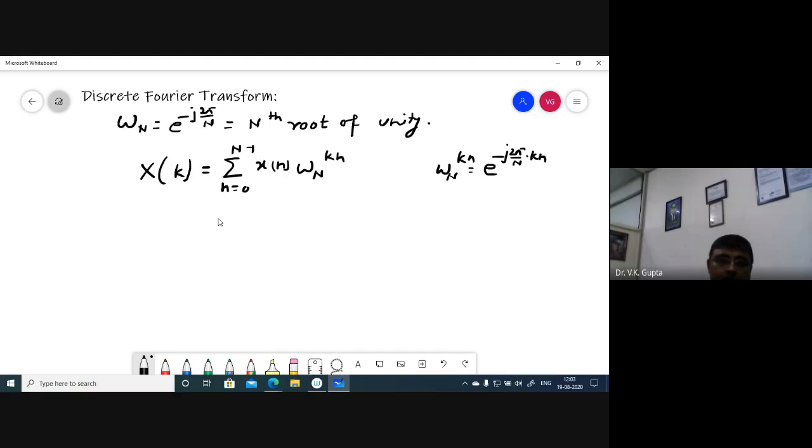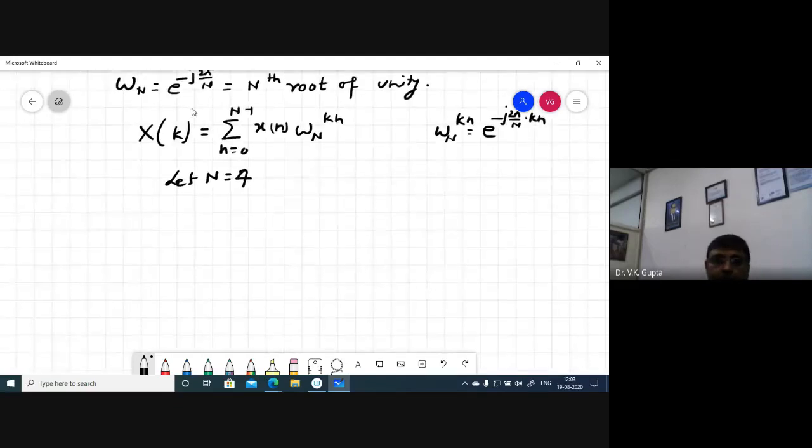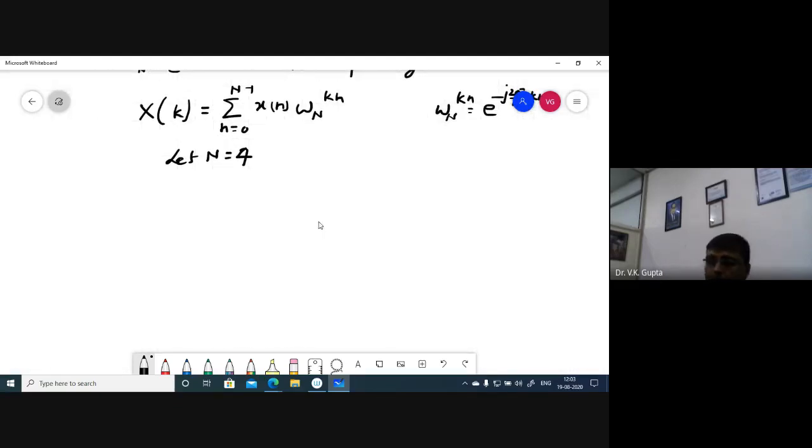So let us take N equal to 4. For N equal to 4, X(k) can be written as the sum from n equal to 0 to 3, that is 4 minus 1, of x(n) W_4^(kn).